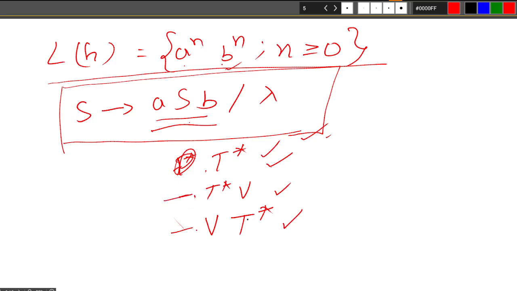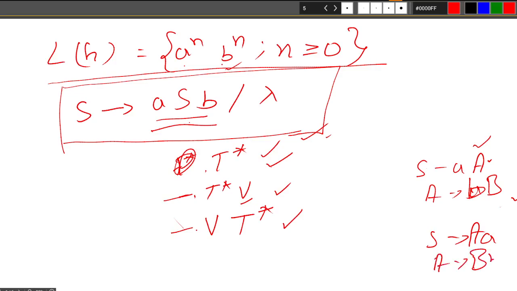So we have seen that there are two things, S gives aA and A gives ab, whatever we have seen. You can see the variables are on the right side. So this is right linear, one single variable on the right hand side, this is allowed. Similarly, S gives Aa and A gives bb, this is also allowed.